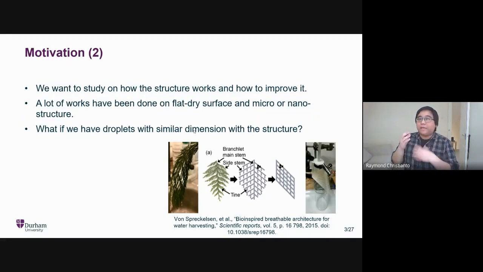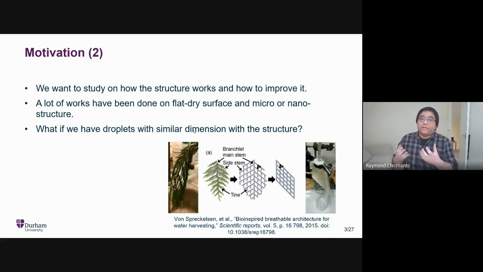So this made our group very interested. We want to study how the structure works. We want to see how it can collect water, or when it can collect water and when it cannot. And then after we understand how it works, we want to know how to improve it.